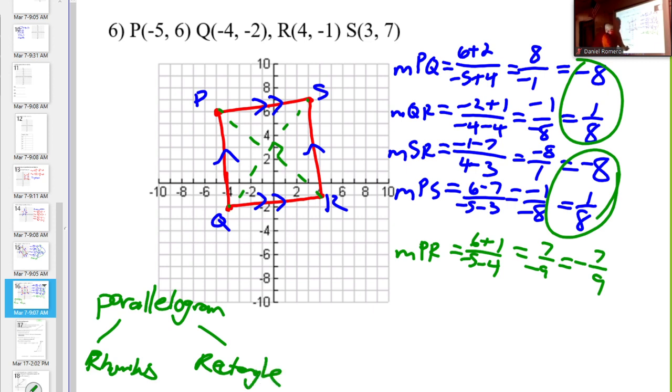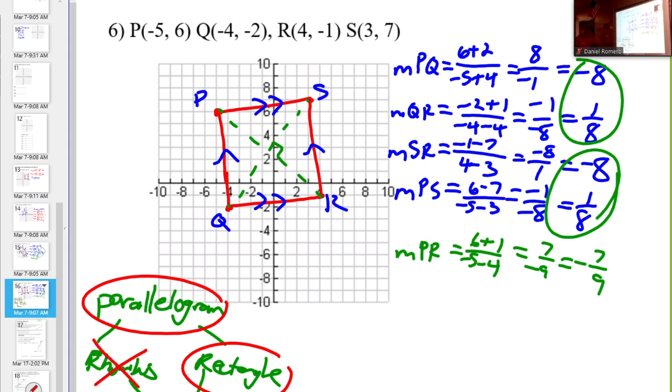If it passes both tests for rhombus and rectangle, then it's a square. If I were to fail one, it would just be a rectangle. But if I end up passing all of them, then it's actually a square. A square is like a hybrid of a rhombus and a rectangle.